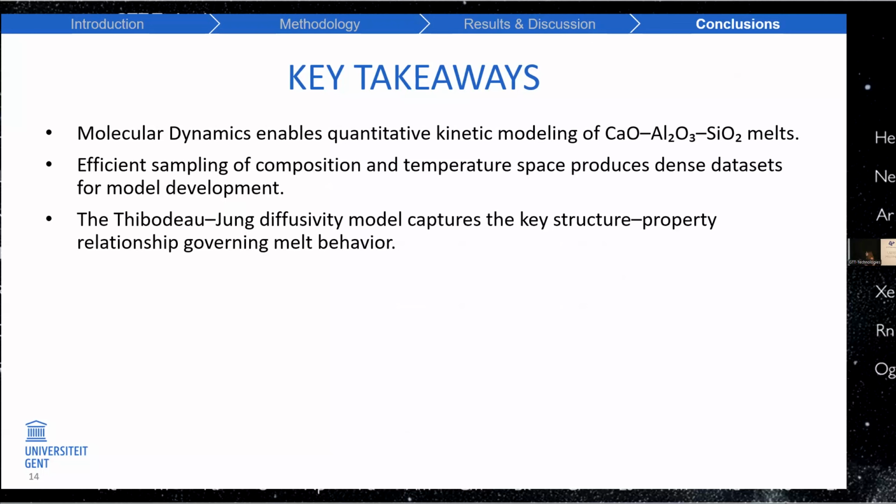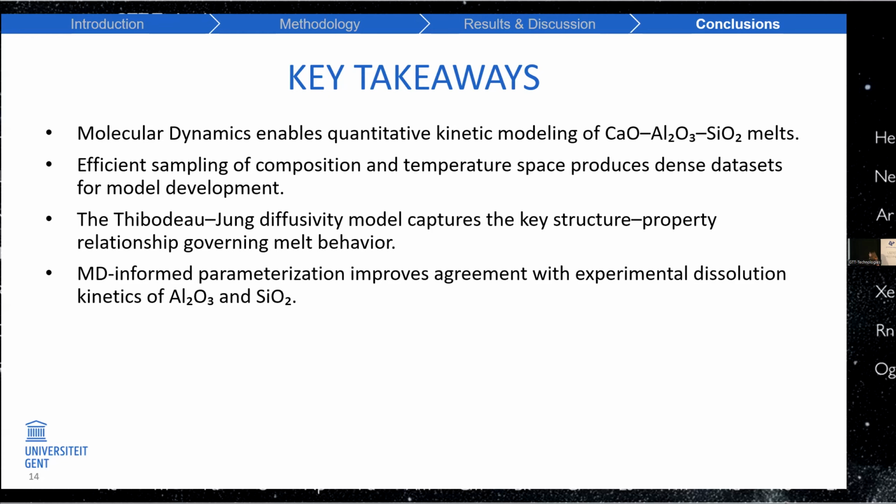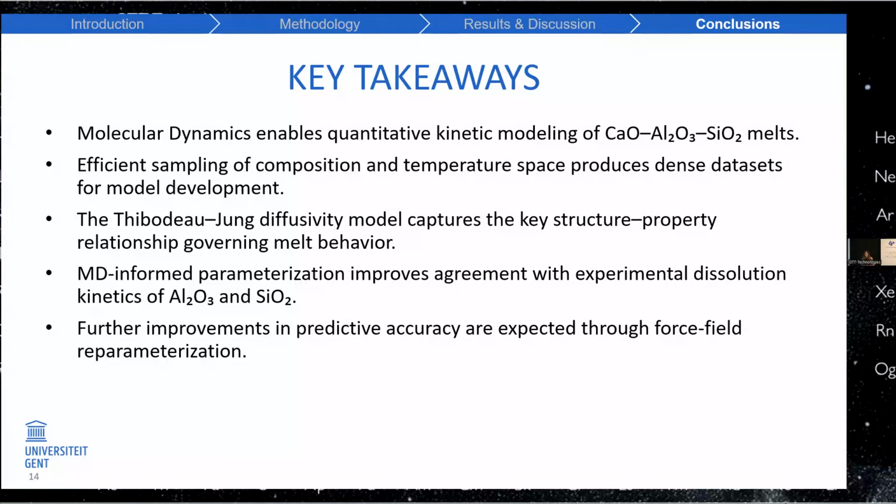For self-diffusivity, the Thibodeau-Jung model quite nicely captures the key structure property relationship governing the melt behavior. And by doing this MD-informed parameterization, we can improve the agreement with experimental dissolution kinetics for alumina and silica. In the future, we really want to work on further developments in predictive accuracy through force field reparameterization.